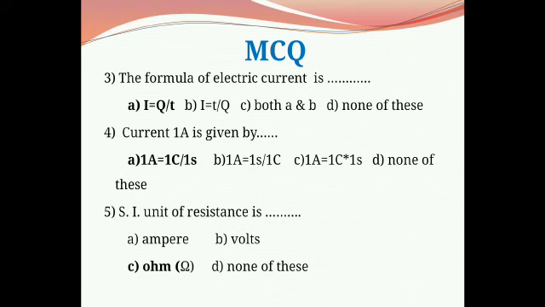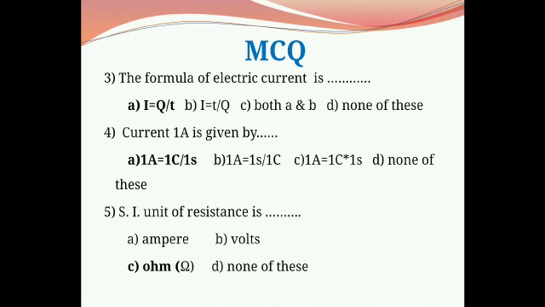Fourth question is, current of 1 ampere is given by. Option A is 1 ampere equals 1 coulomb upon second. Option B is 1 ampere equals 1 second upon 1 coulomb. Option C is 1 ampere equals 1 coulomb into 1 second. And option D is none of these.